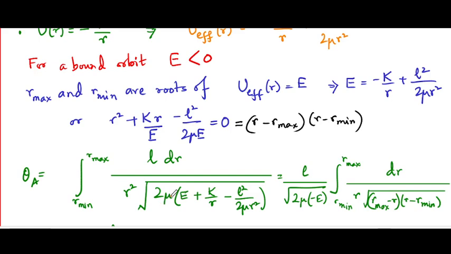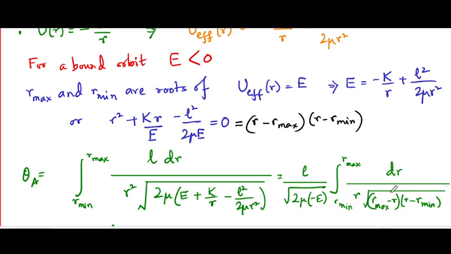Note that minus E is actually the positive number here. So if you had taken plus E out, of course you would have had R minus Rmax times R minus Rmin under the square root. But because of an extra minus sign, we really have Rmax minus R times R minus Rmin under the square root here. This is what you need to integrate.